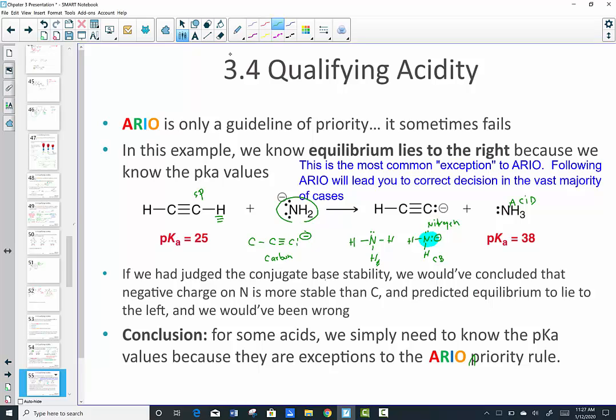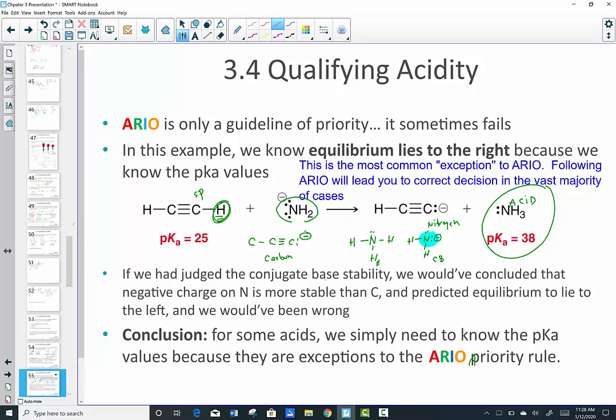But the actual answer is not, because this triple bond does an incredibly nice job of stabilizing a charge just because it's so close to the protons and the electron density here between the atoms is very rich. It can actually stabilize the negative charge a little bit better. When in doubt, check your pKa chart.